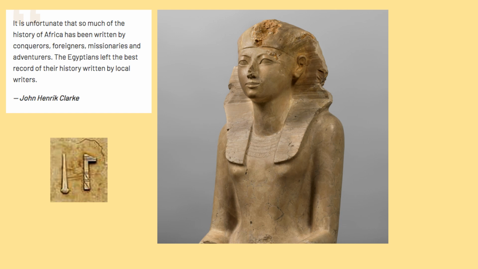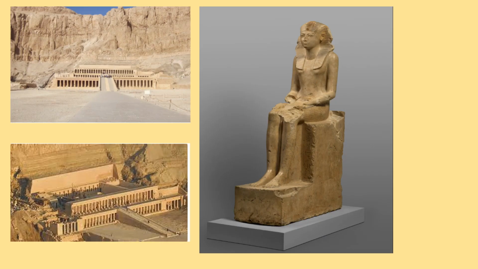So when we see statues or images of our African ancestors, such as the one we see on the screen, the question that we have to ask ourselves is, do we recognize this African ancestor? Do we know her African name? She actually lived in a place that we call today Egypt, and we can find out who she was.